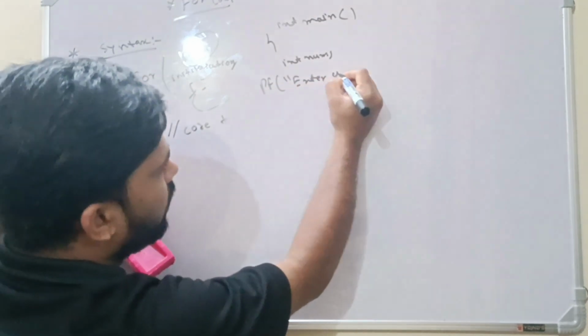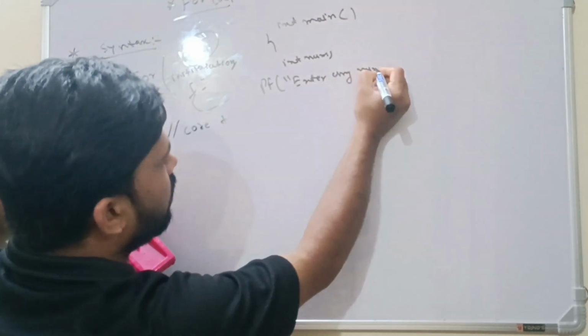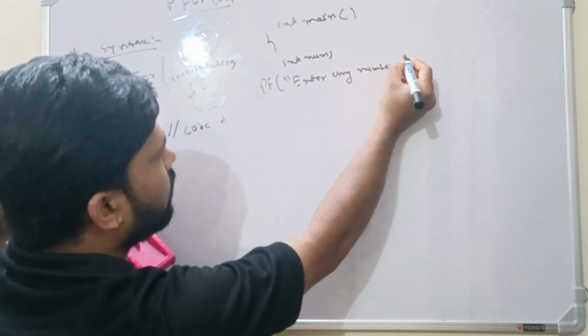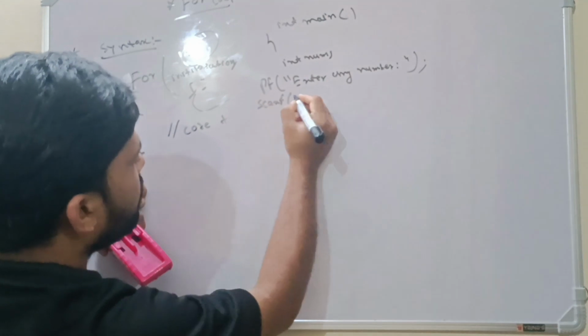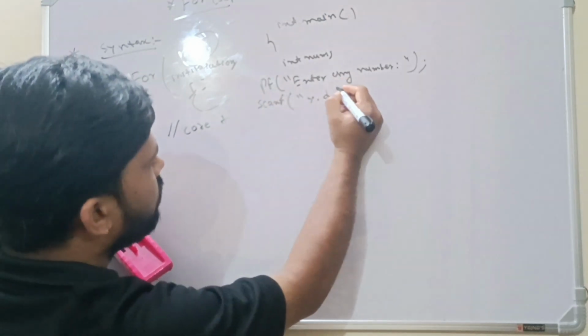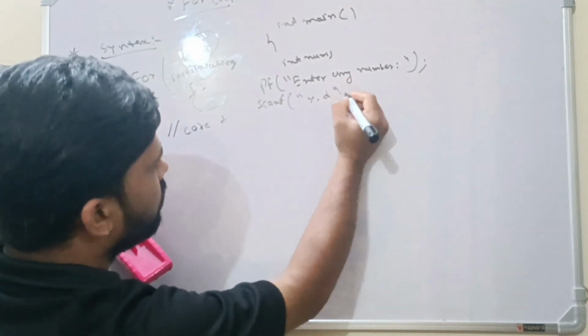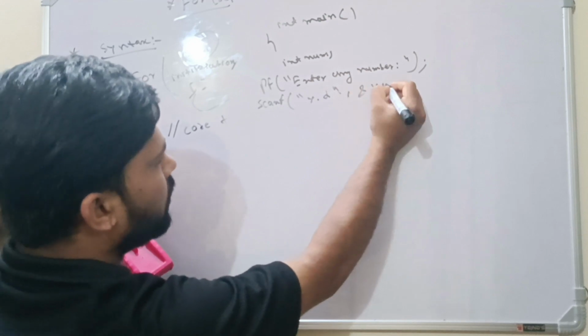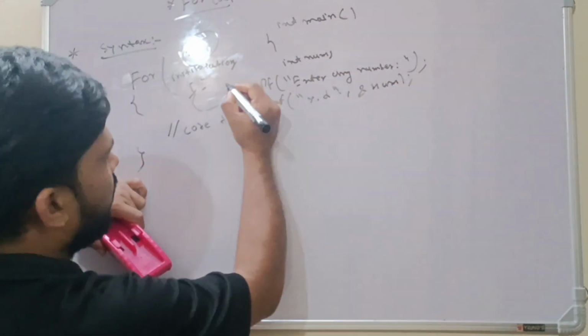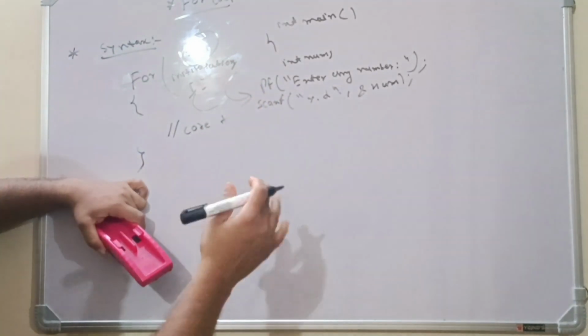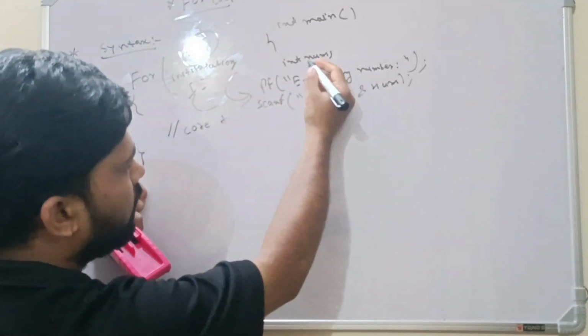Enter any number, then scanf with %d and &num. So here we are taking input from the user, and that's the address of that number.